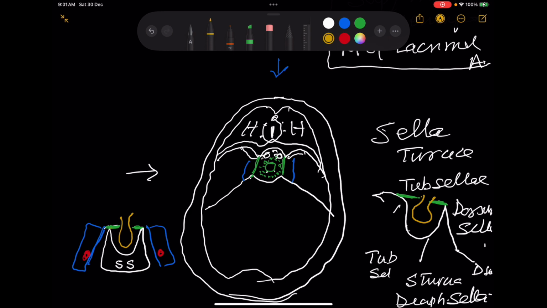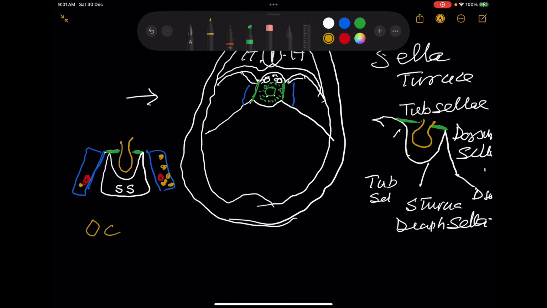Just near the internal carotid artery lies the sixth nerve. And on the side are four nerves, which we will call O-TOM. So O-TOM on the side, let us name them.